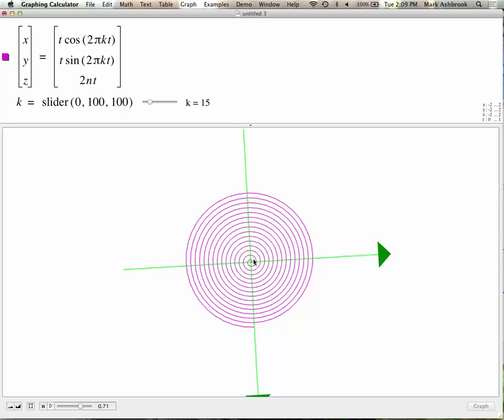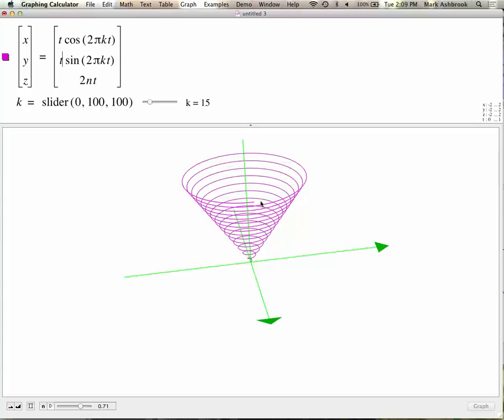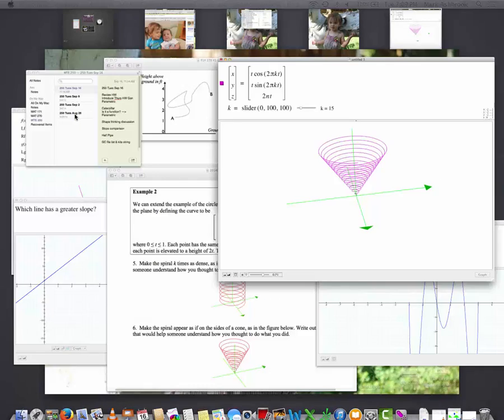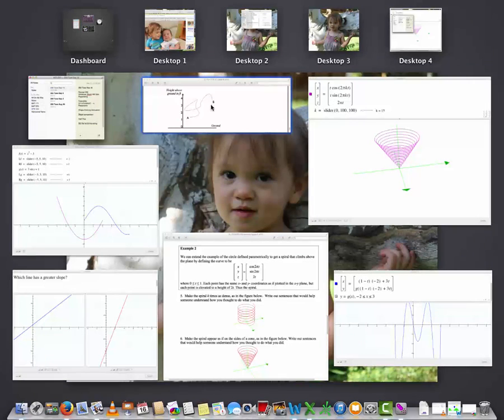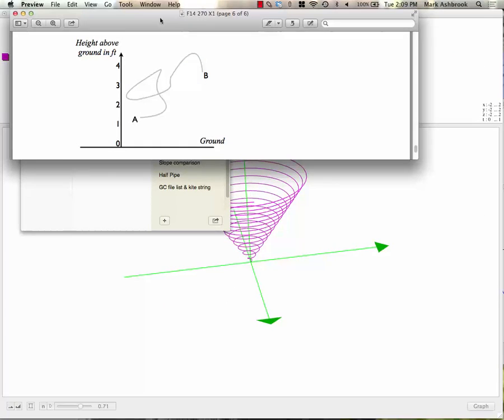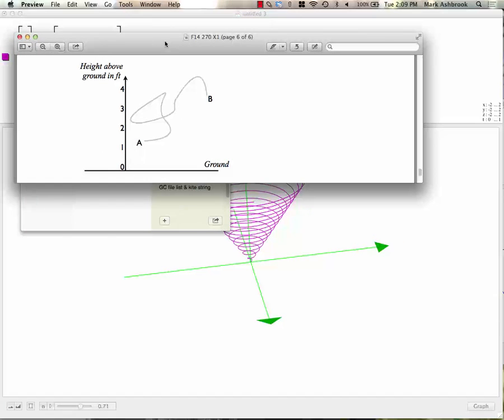Okay, so what do I want to talk about? Here's a cool question. This is the path of a caterpillar.